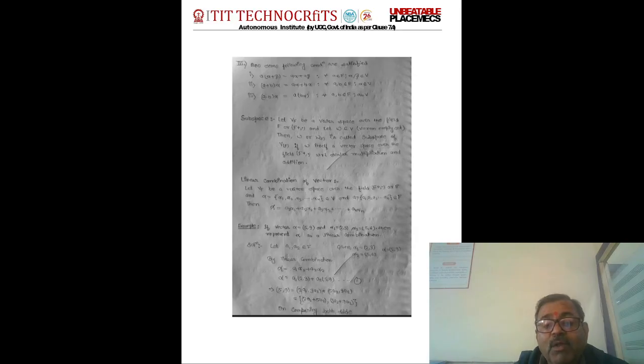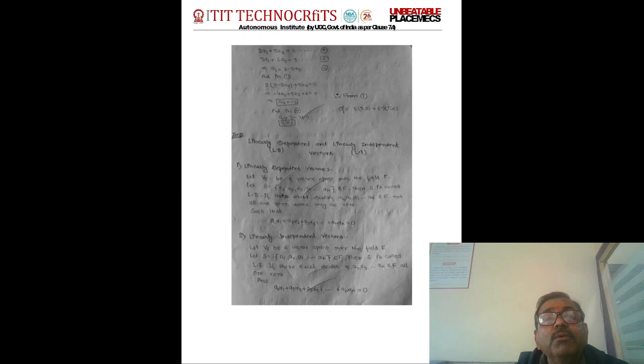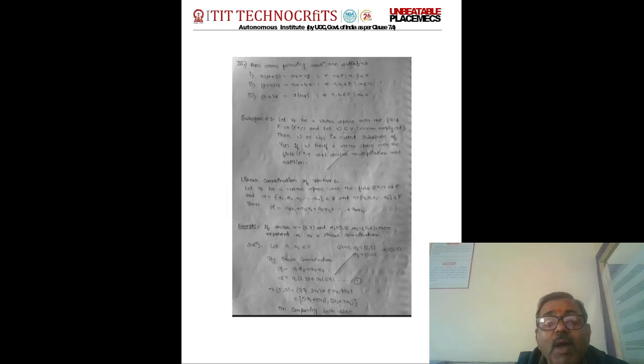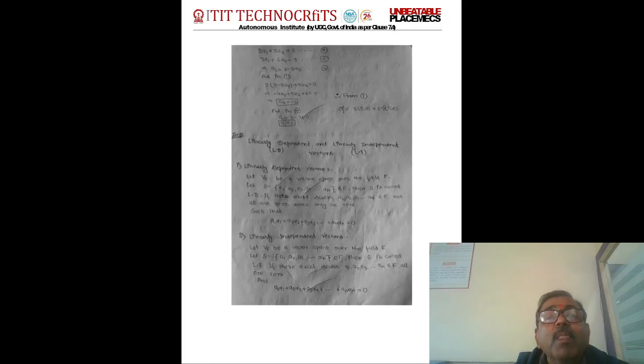So by the linear combination definition, we can write alpha equal to a1 alpha 1 plus a2 alpha 2. So we put the values of alpha 1 and alpha 2, then it becomes alpha equal to a1 (2, 3) plus a2 (5, 6), and also we put the value of alpha, that is (5, 9). After this simplification, on comparing both sides, we get two relations or equations in a1 and a2.